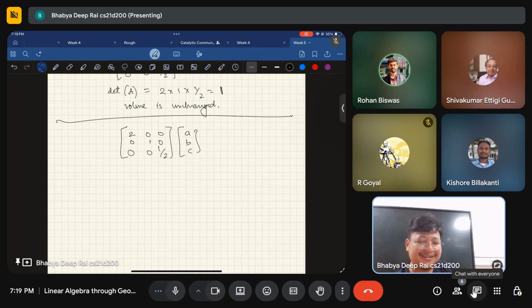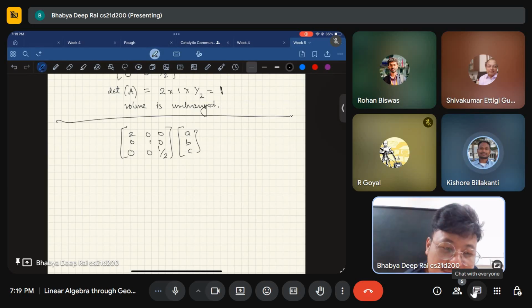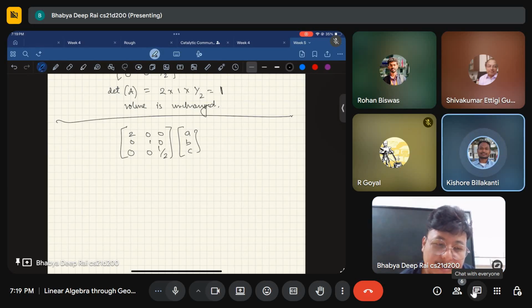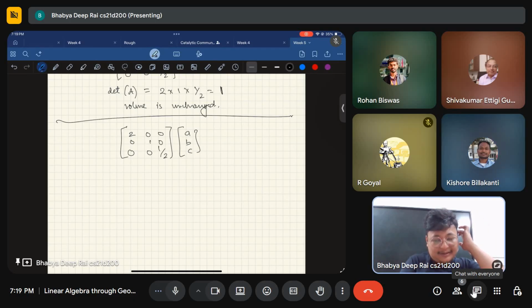The abstract way of looking at that piece of paper is by looking at the unit cube in some sense. The object volume will remain the same, but the object gets skewed. Exactly. In this case it is skewed because b is staying the same. That's right.